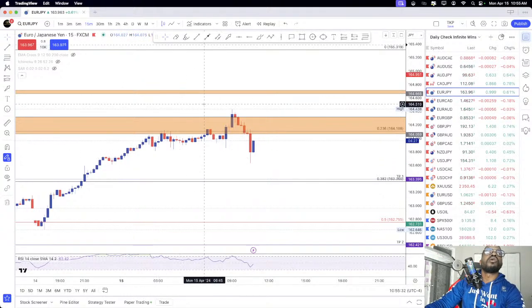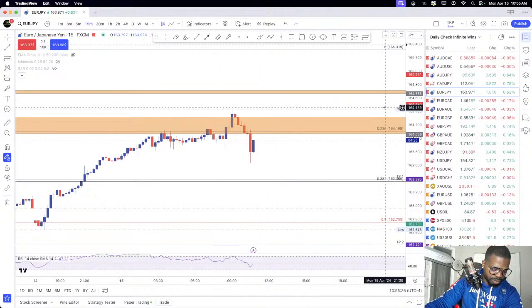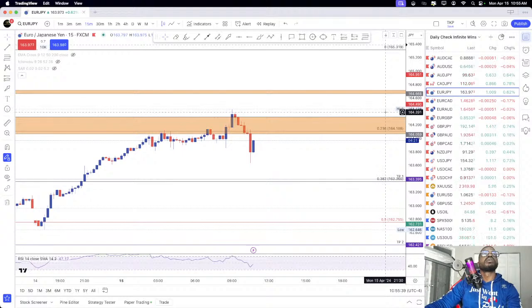I want to see it hold beneath this 236 level on the field, to ensure that this downtrend will continue, okay?